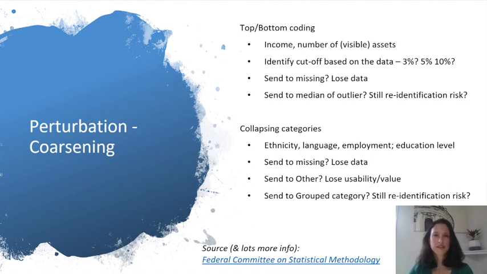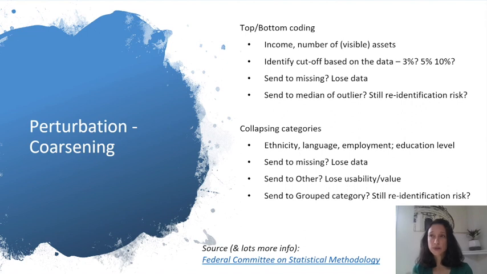Really, this takes carefully understanding your sample and the context, but certainly for variables and data that are observable or known about this population, consider when to treat outliers and coarsen their values so that outliers in your data don't then serve as a re-identification risk. So thinking through observable things like asset holdings, land size again was another one. Identify the cutoff based on what the data is telling you.